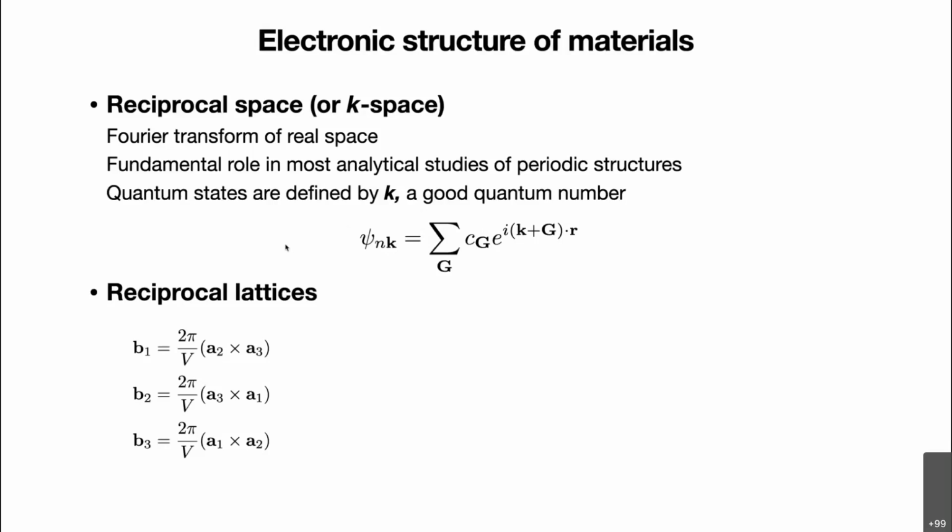Also, there is some physical meaning. K is a good quantum number. So to understand the electronic structure, we have to define some variable in energy space, which is K, the quantum number. We know that reciprocal lattices are inversely proportional to real space lattices.